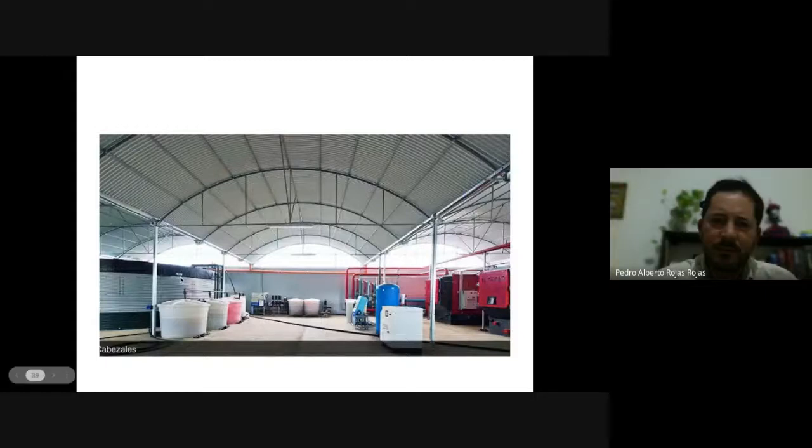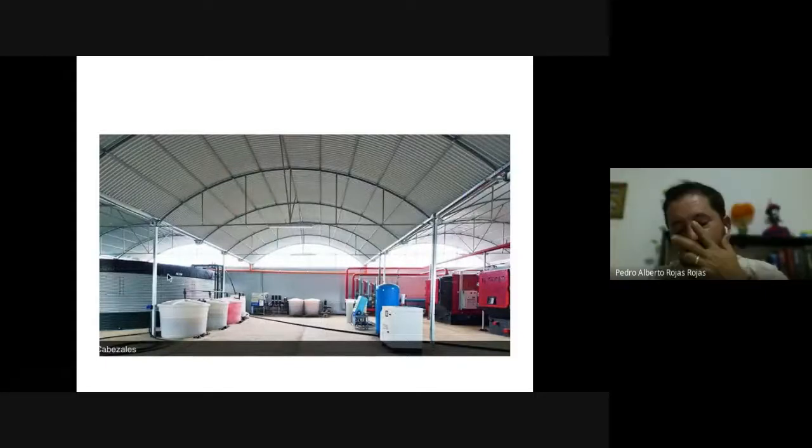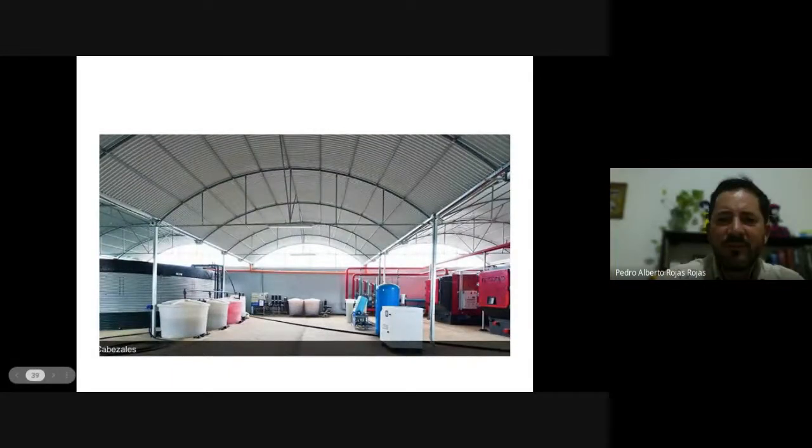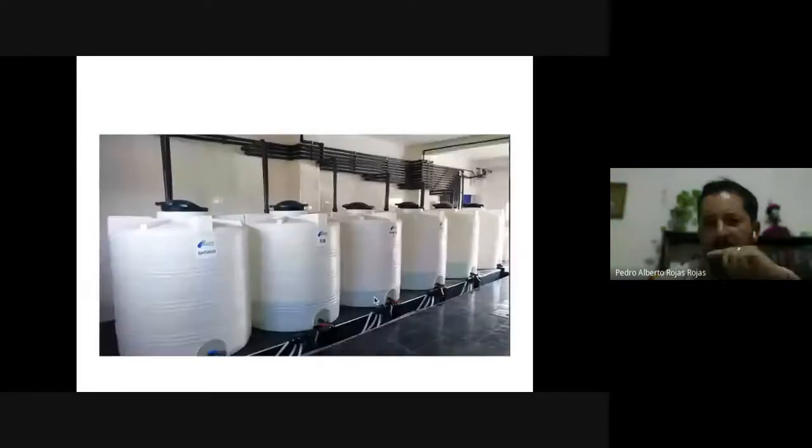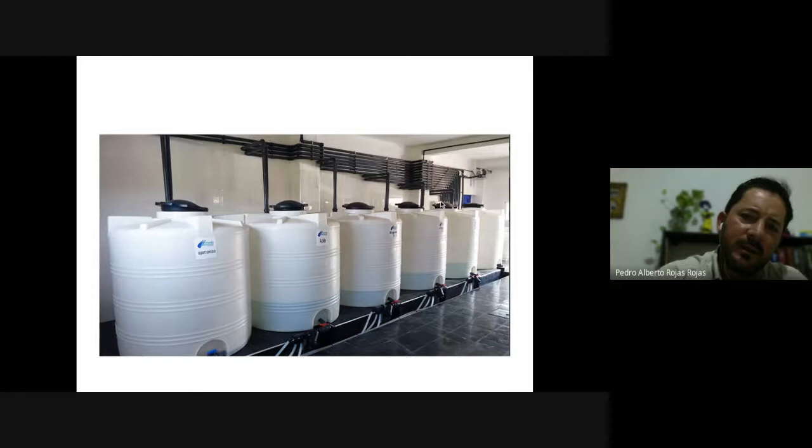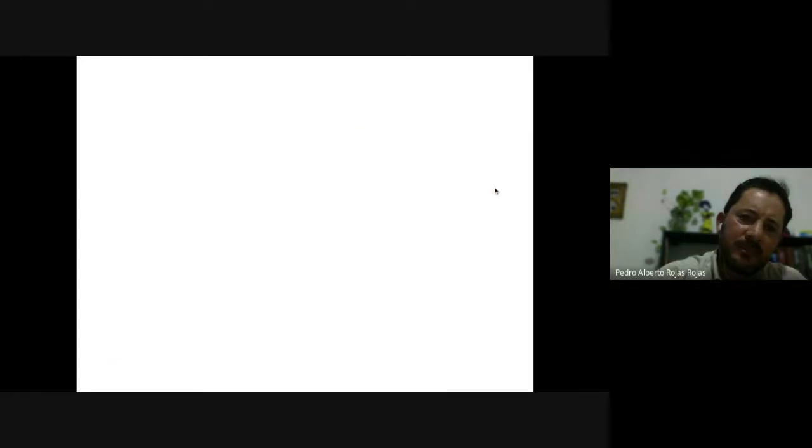Also, in some parts of the center of the republic, they need to store the water to give it some treatment to obtain a better result in the crops. These are the fertilizers, and this is the programmer. For example, this is the fertilizer tank, and these are well-ordered tubes for the application of the water to the crops.